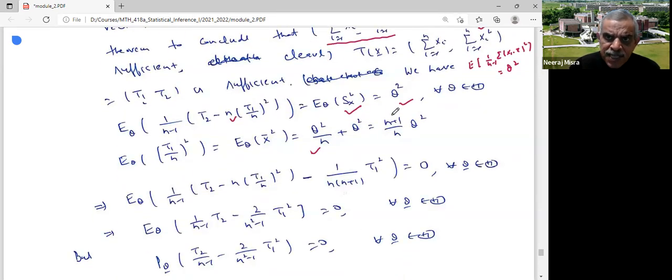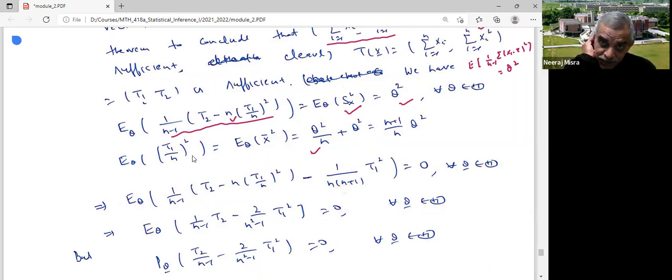So if I subtract some combination of these two, I can get a function of t1 and t2 whose expected value is 0. So the expected value of this minus n upon n plus 1 times the expected value of that would give you 0.